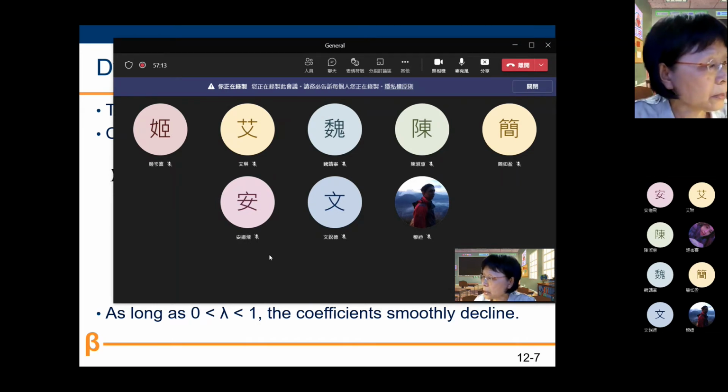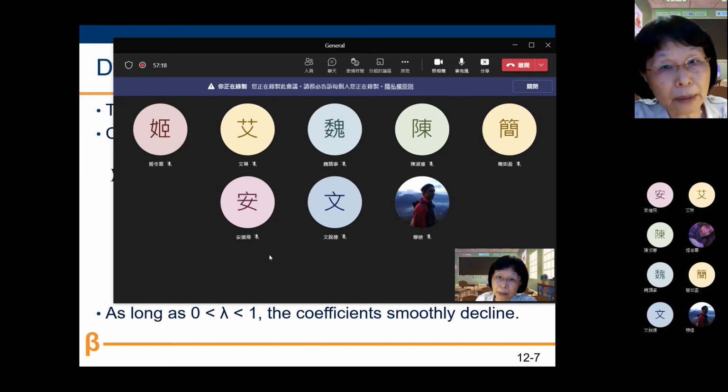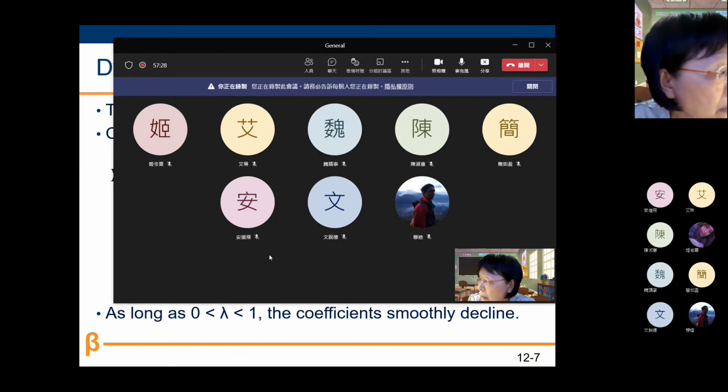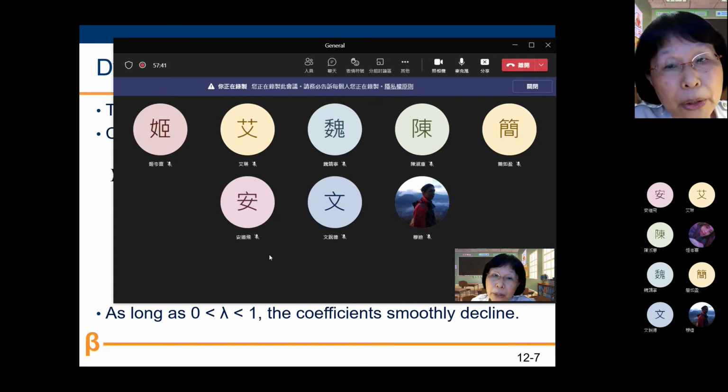I know this chapter 12 is a little bit difficult, maybe for all of you, but if you review or study it, I think it's still fine. But I would say chapter 12 is really hard. All the topics are pretty new for all of you. I'm not sure about the PhD students, maybe it's easier than for the master students.